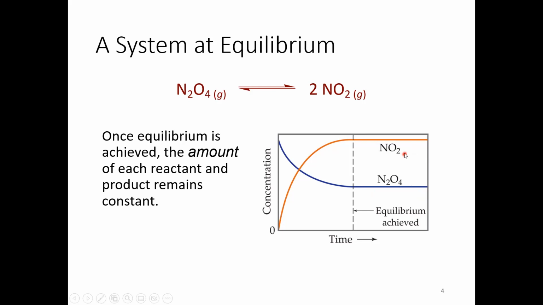We're going to have more of one side of the reaction than the other. In this case, what we're considering the product, we wind up with more of. It doesn't necessarily have to be that way, but we will generally see that these amounts are going to be different. But at equilibrium, since the rates are equal, that's why we see these concentrations staying constant here.